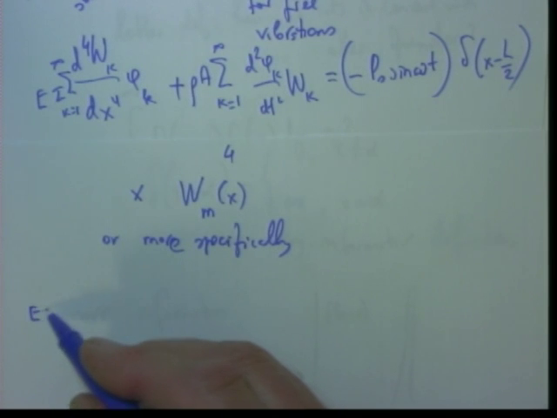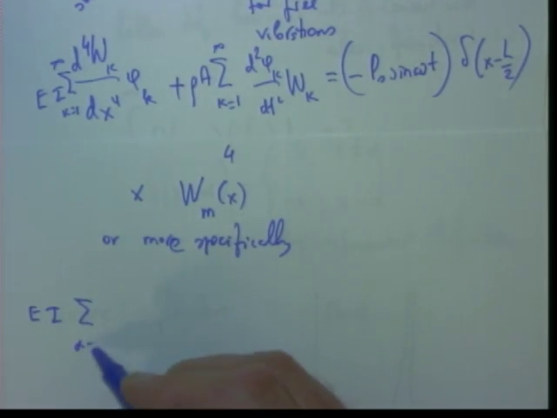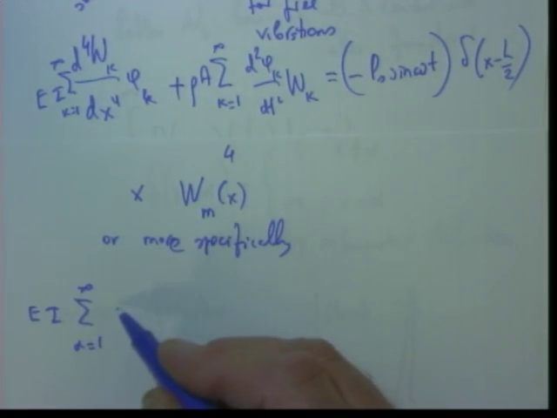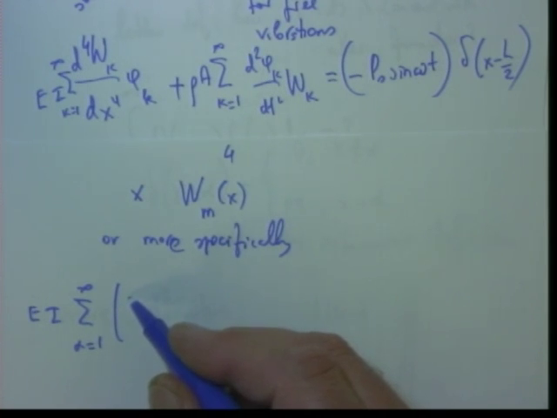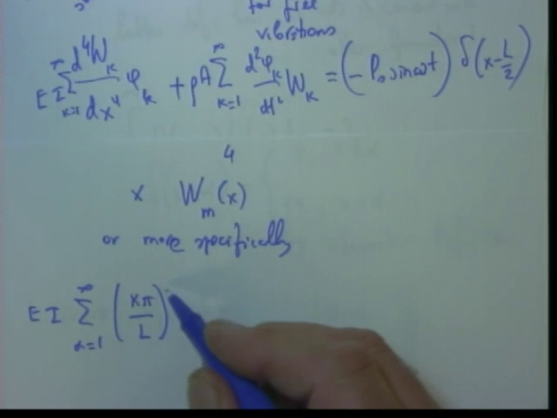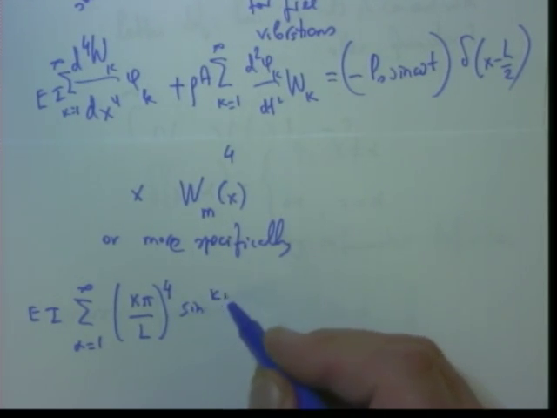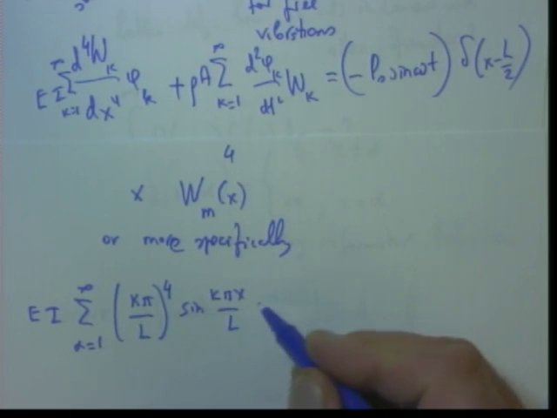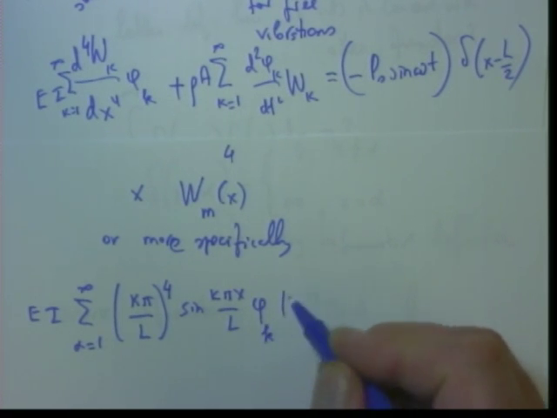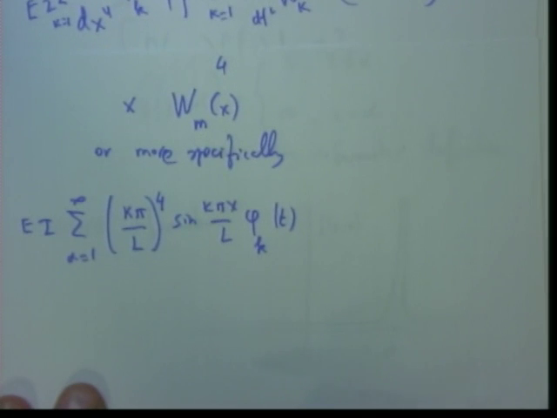we have EI, summation k from 1 to infinity, first derivative of W, that is (k pi over L) in fourth power, then sine k pi x over L, phi_k of t. That is the first one.